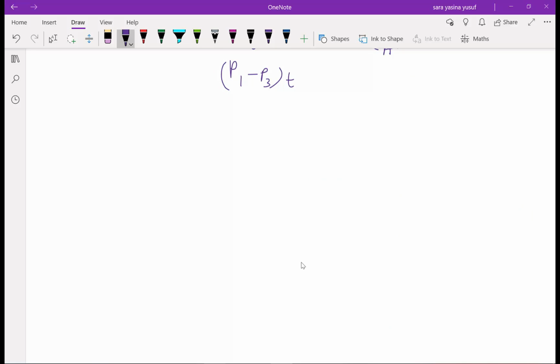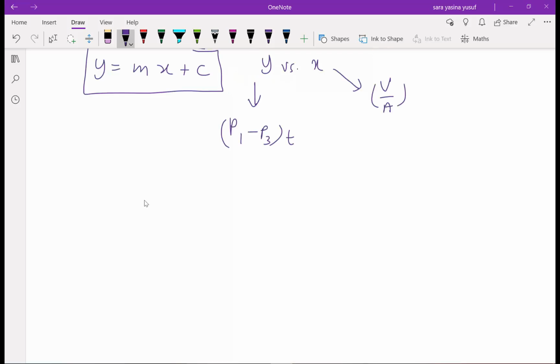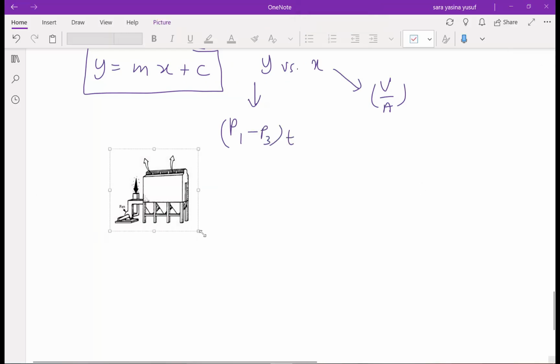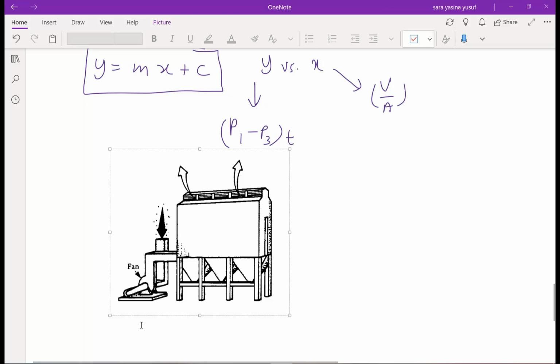Okay. Now, for some industrial gas filtration, a positive displacement blower, which is practically a constant flow rate device, seperti yang saya ada tunjukkan dalam types of filters. For some industrial gas filtration, we have a blower in front of the baghouse.